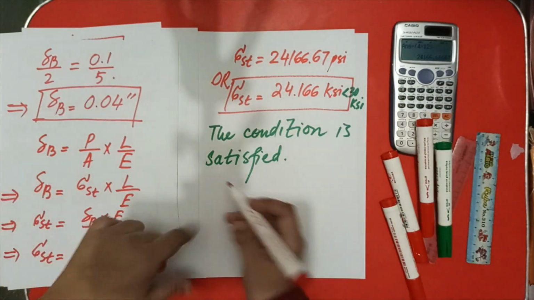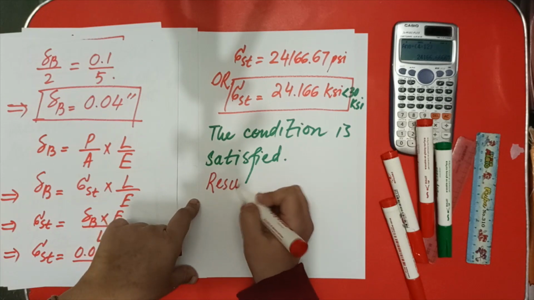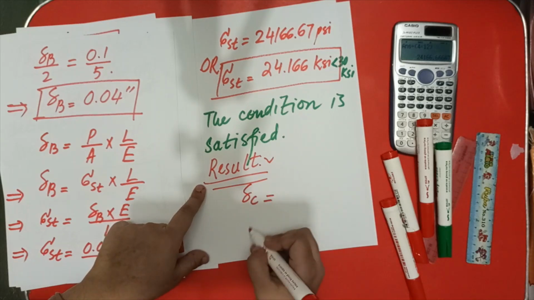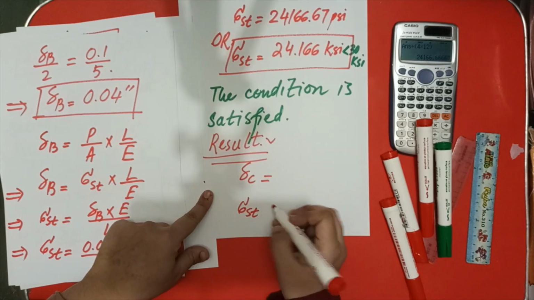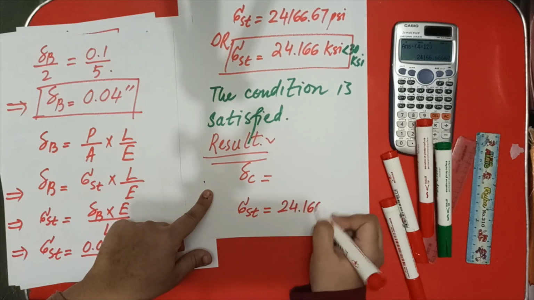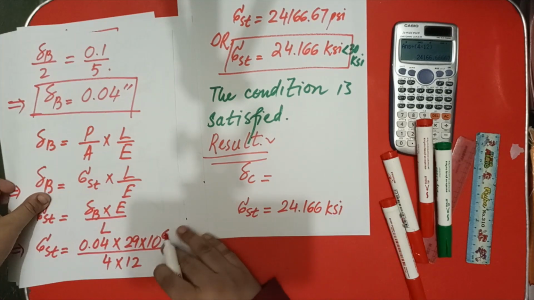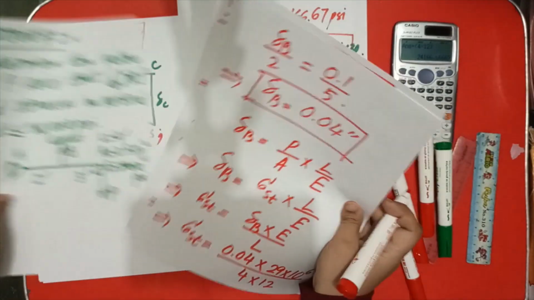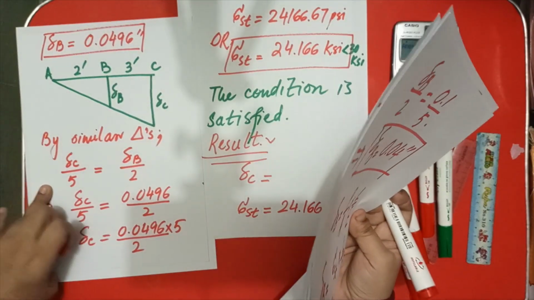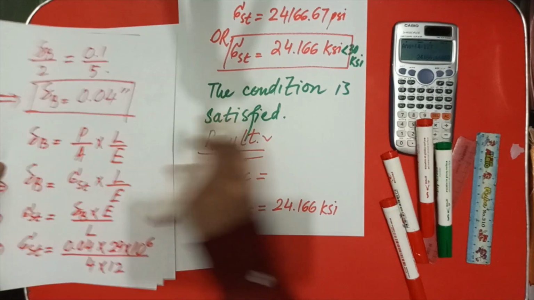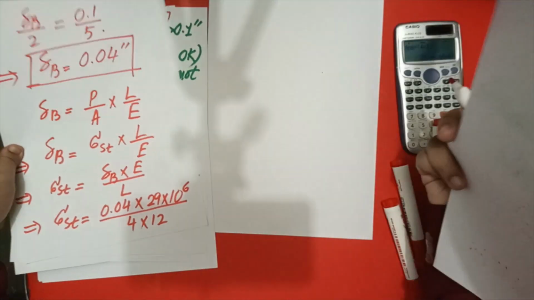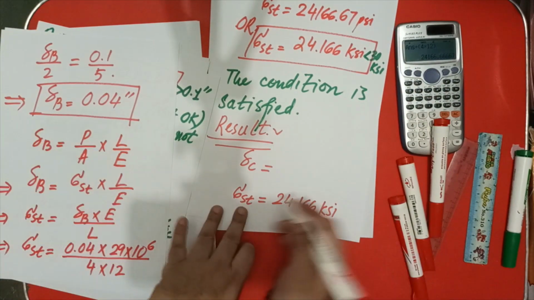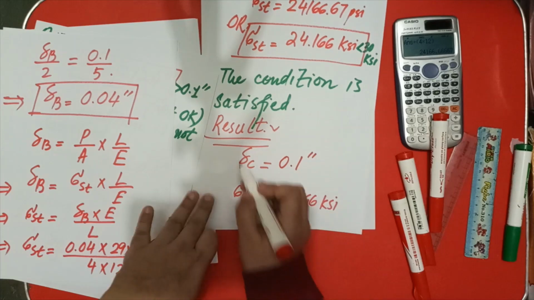So the result will be delta C and stress ST. Stress ST is coming out to be 24.166 ksi, and delta C is satisfied because we have taken it as 0.1 inches.